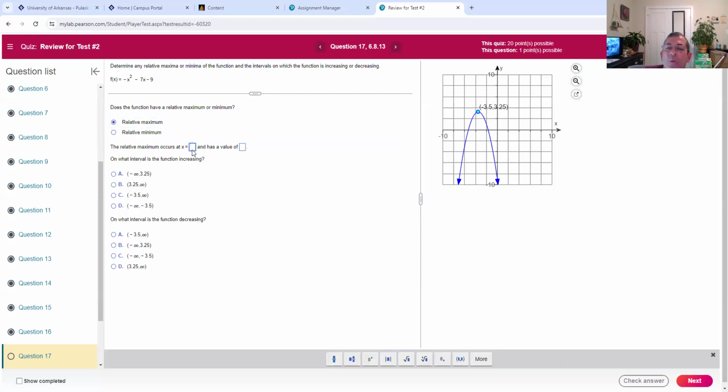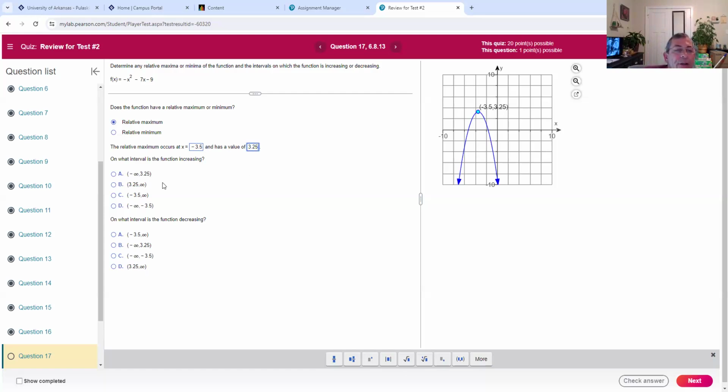So for the x equals, what are we putting? -3.5. All right, and it has a value of what? And that'd be 3.25. Good job. Okay, so they're basically giving you the vertex there for that question.